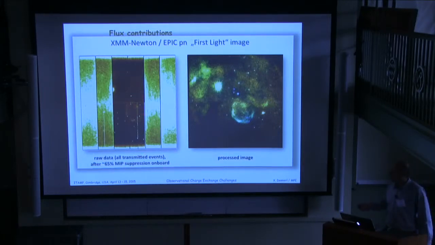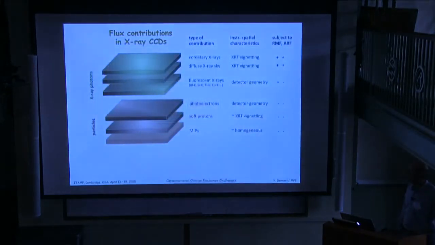There's already an onboard processor which was supposed to remove all of them, to exclude them from telemetry, but the particle background was so high that it was only successful to 65%, and this is what remained. So on ground, one then needs to get rid of this rest, which is straightforward, but unfortunately this disturbance, which is caused usually in subsequent frames by these MIPs, is something which one has to live with.